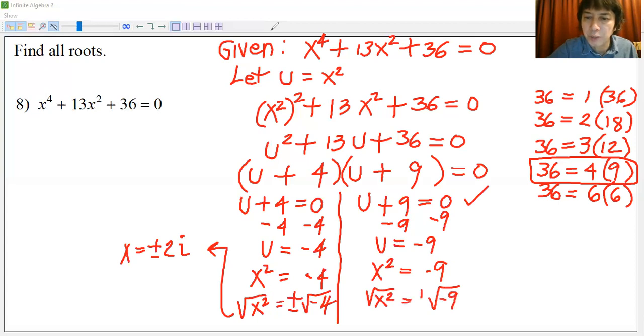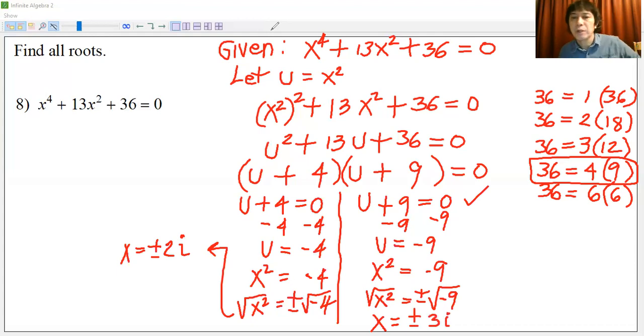And this is again plus or minus. The square root of x squared is x. And again, we have a negative 9, so we will have imaginary here again. The square root of 9 is 3, and square root of negative 1 is imaginary. So we will have 3i. And so this is plus or minus 3i.